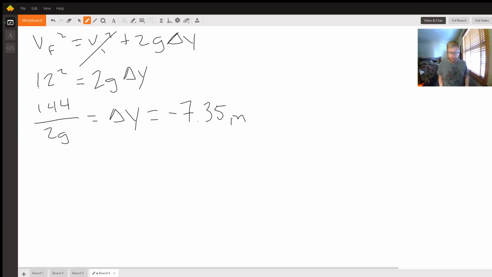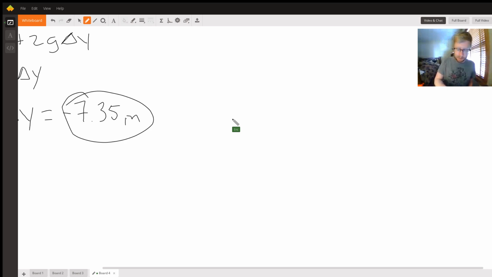So this isn't our final answer though. It's asking how high above the ground it is. So if we know we started at 18 meters and it fell 7.35, we'll call this H for height. And just to make sure I don't make any silly math mistakes in my head, I'll do it in the calculator.